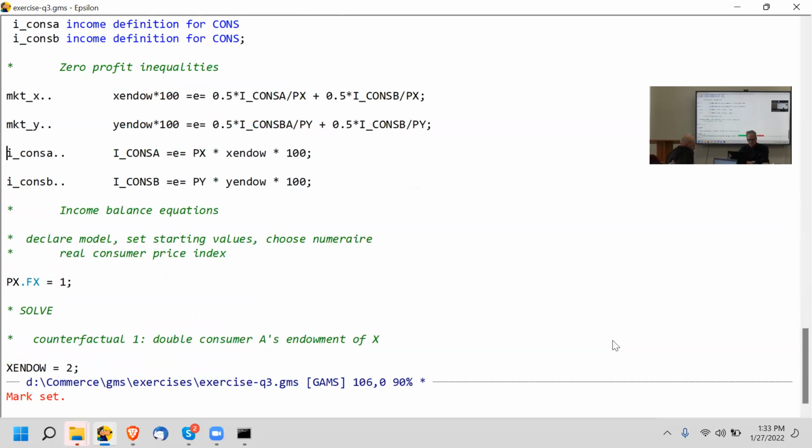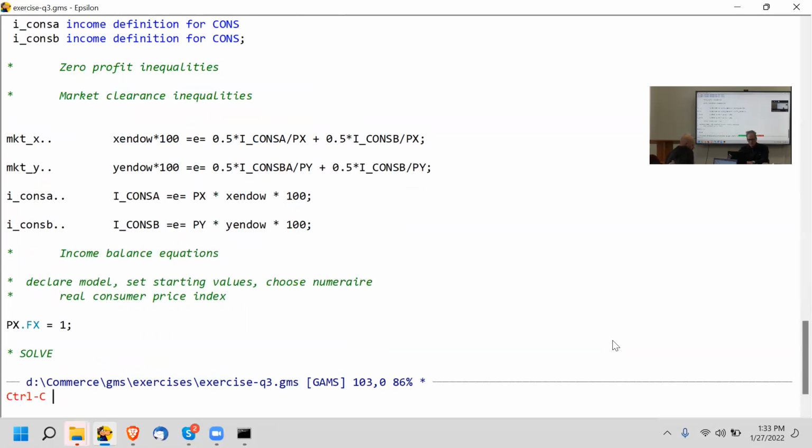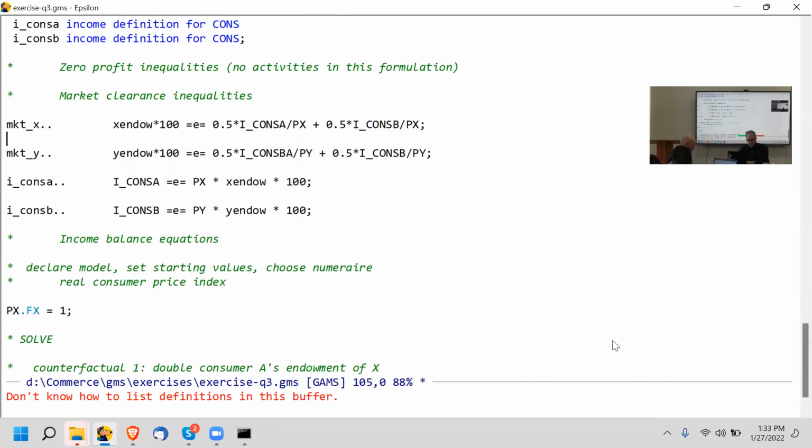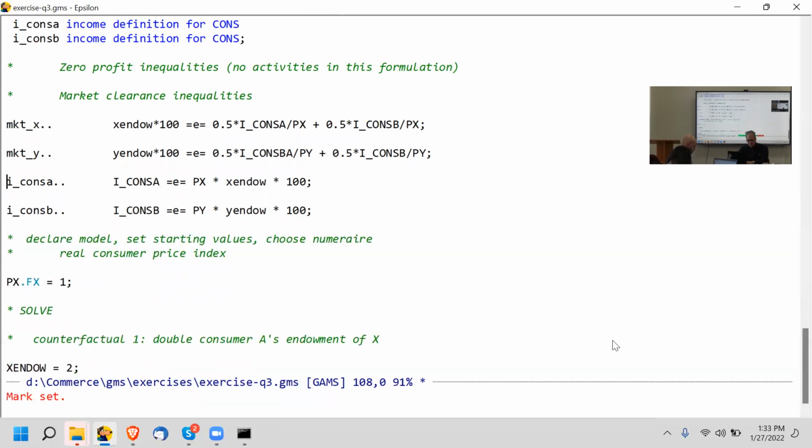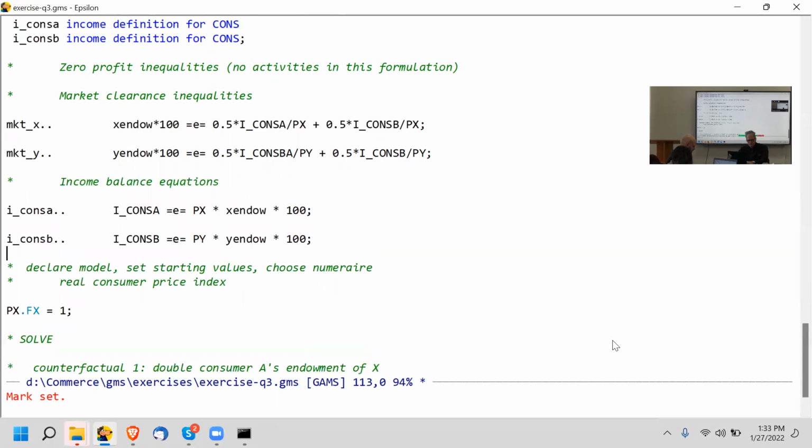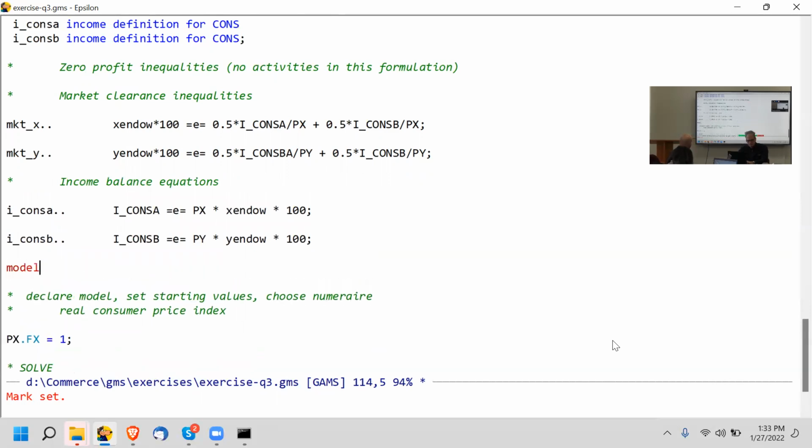Market clearance. Market clearance and then income balance. Market X dot PX. Market Y dot PY. Income.